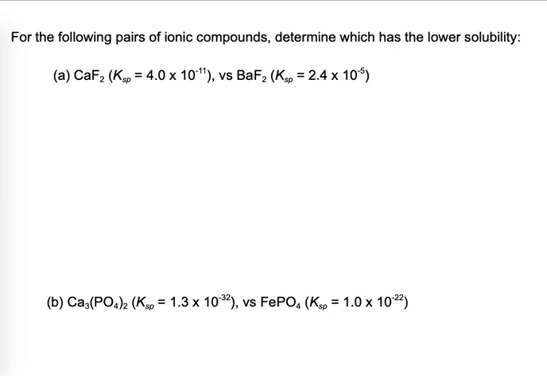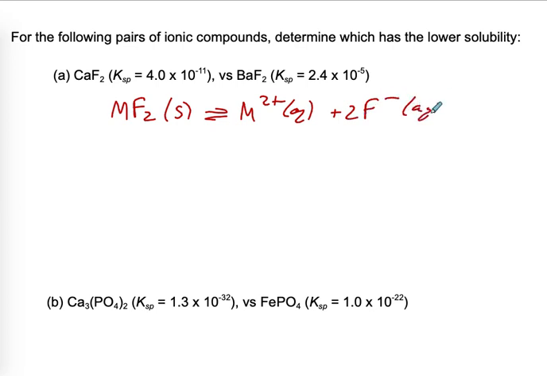Well, what you notice right off the bat is that because each of these two compounds is a group 2 metal fluoride, the dissolution and dissociation stoichiometry is the same. In each case, 1 mole of MF2 dissolves and dissociates to form 1 mole of M2+ plus 2 moles of F minus, and the KSP expression has the same form, M2+ times F minus squared, or as we said before, that's going to look like 4S cubed.